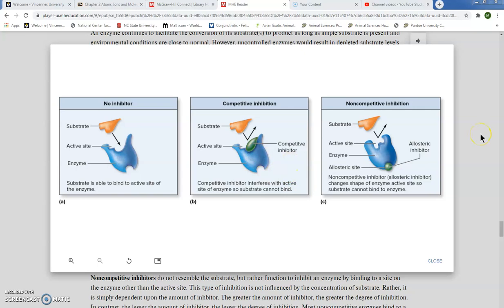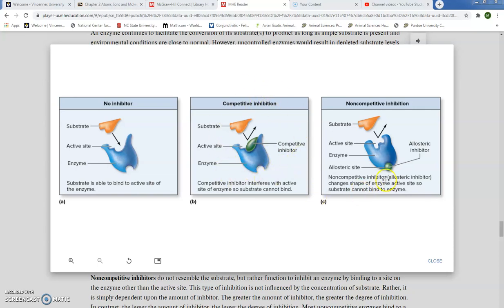But we will also have a prescription medication that can serve as a competitive inhibitor. So that's another example of something that can be a competitive inhibitor. So we can use certain competitive inhibitors as a drug, and they can inhibit certain enzymes so that we can regulate certain body processes, either inhibit them or allow them to happen, depending on which enzymes we're going to inhibit. So that's competitive inhibition.